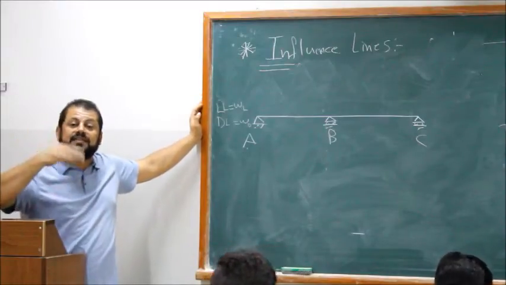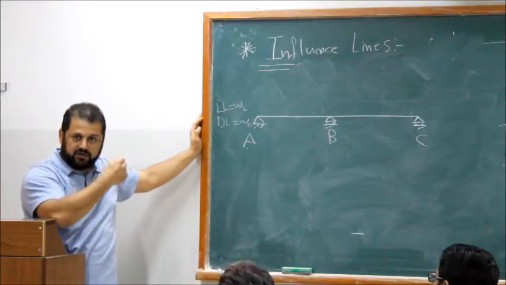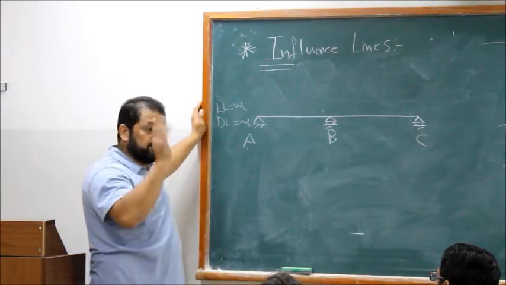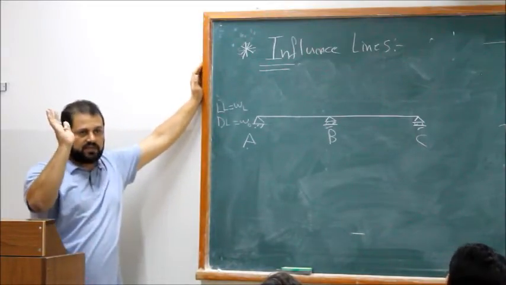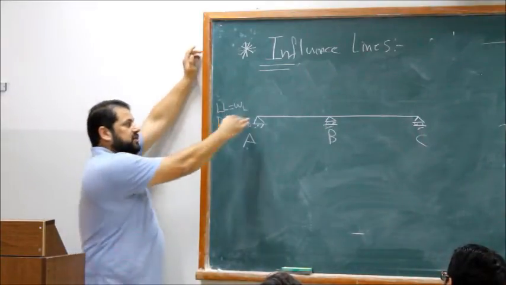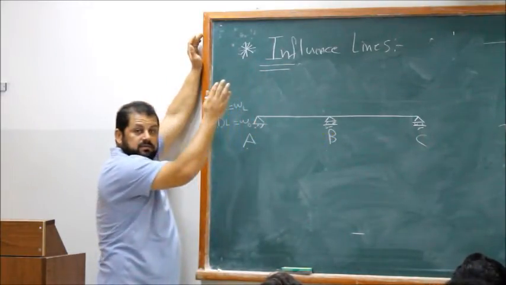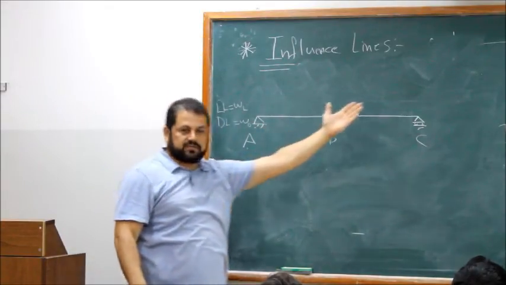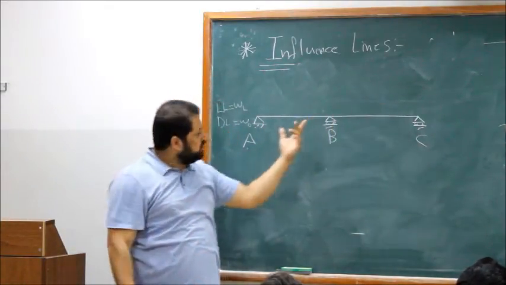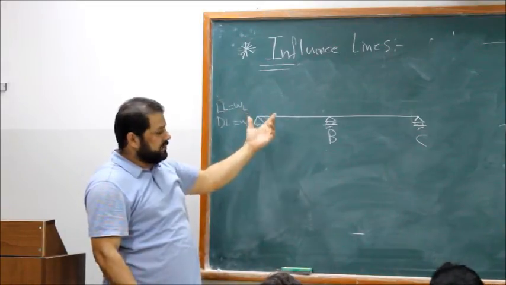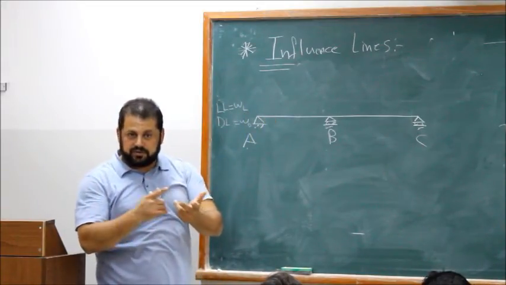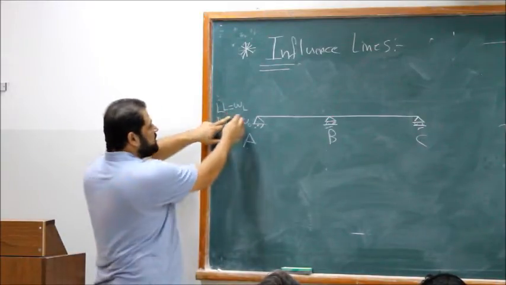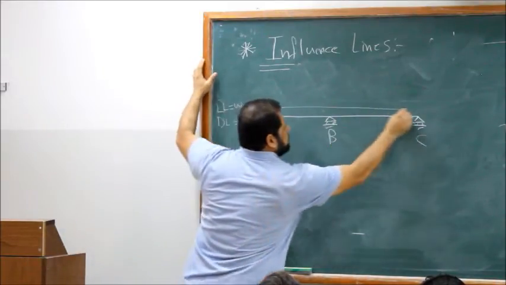If there is significant axial load, it's not just a beam, it's a frame or beam column, not the truss. I'm talking about this beam. There is internal shear and moment at every location. Good? So we need to find the maximum shear and the maximum moment. Right? So we said the dead load is always there.